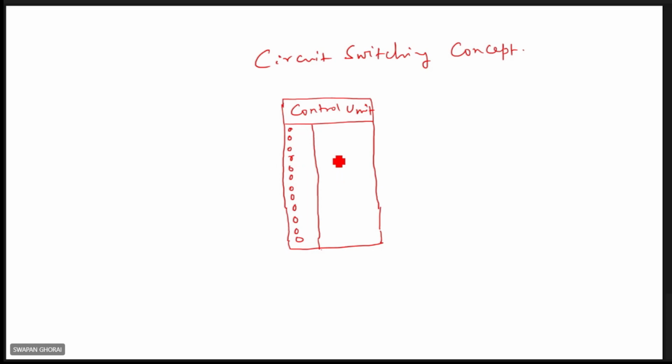This is the digital switch. We'll see the details of this switch. Let us first see the concept, and this network interface. These are connected to different stations, input-output lines.